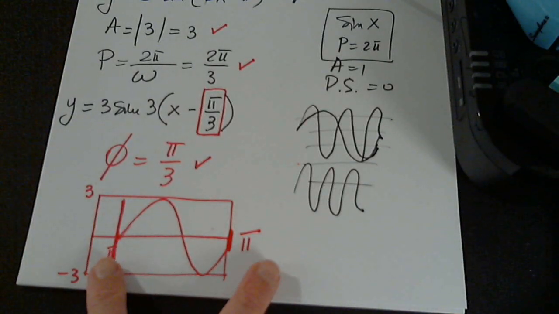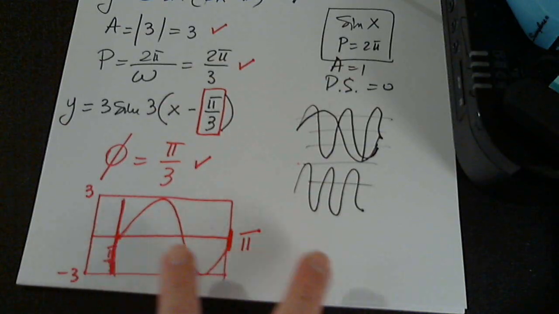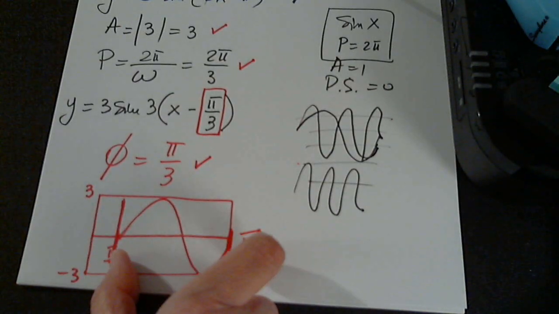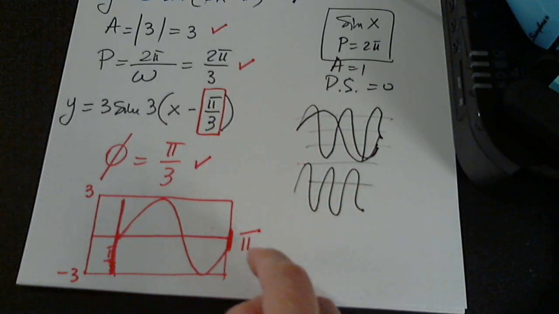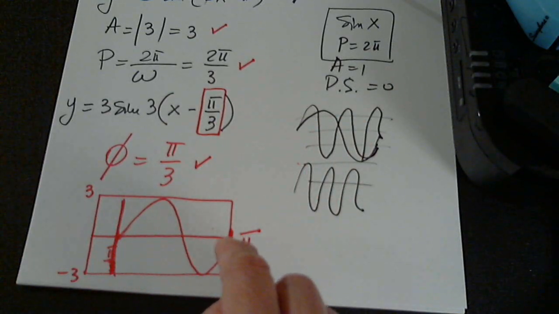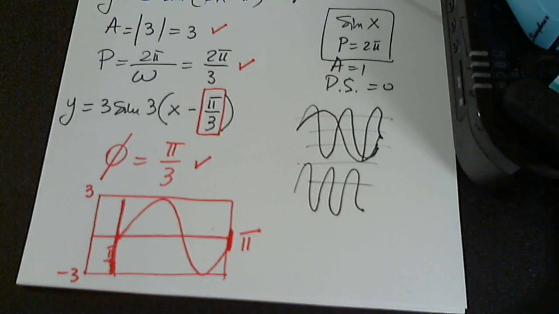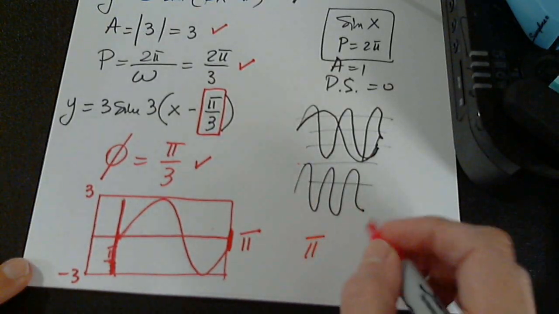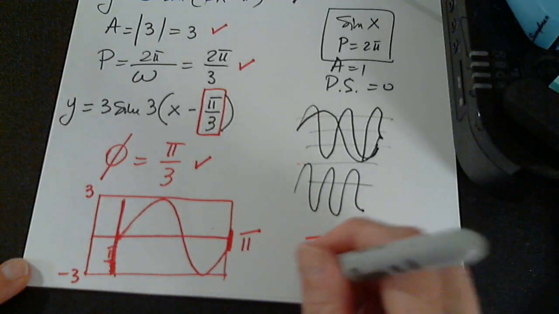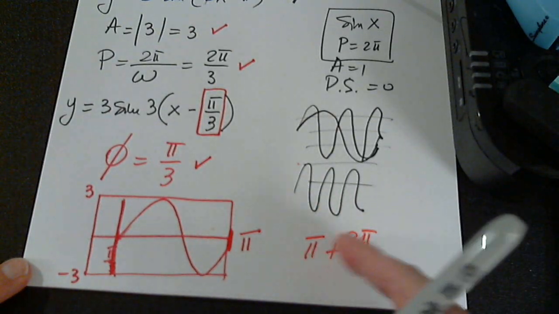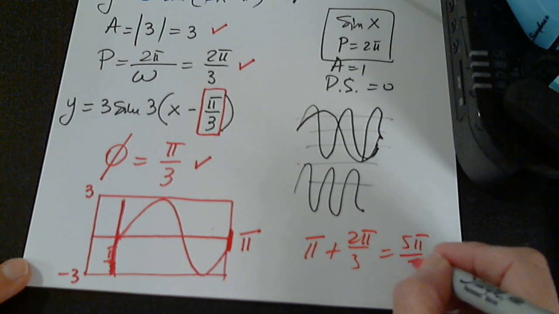Now, you can present more than one complete rotation or one period. How? By adding 2 pi over 3. So if to 2 pi over 3, I add 2 pi over 3, I have 5 pi over 3.